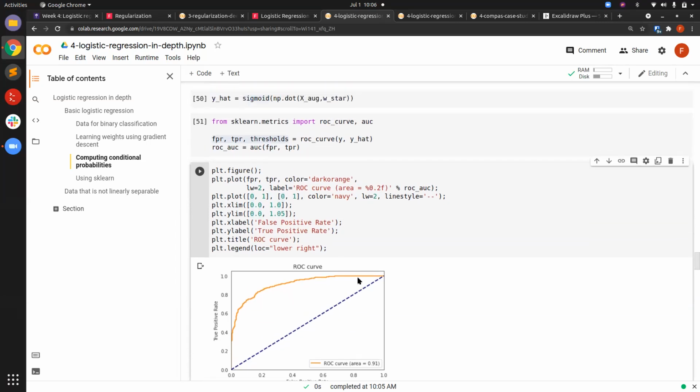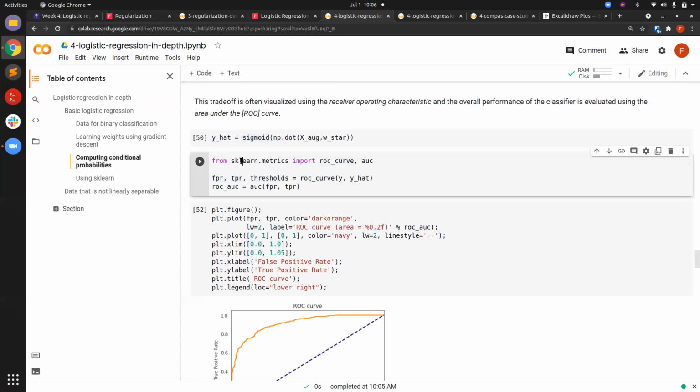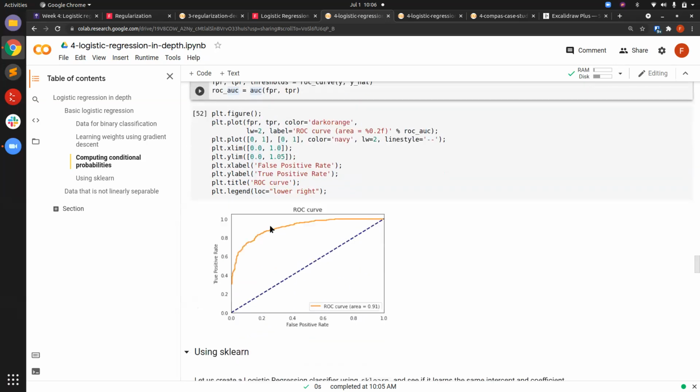So here's this plot, and this shows you how to use the sklearn ROC curve and AUC functions to compute that for you. This shows for each potential threshold, where is the true positive rate and where is the false positive rate.